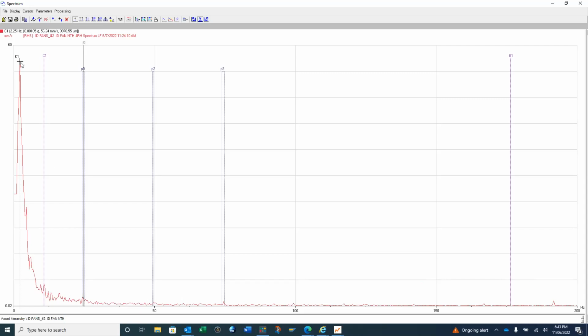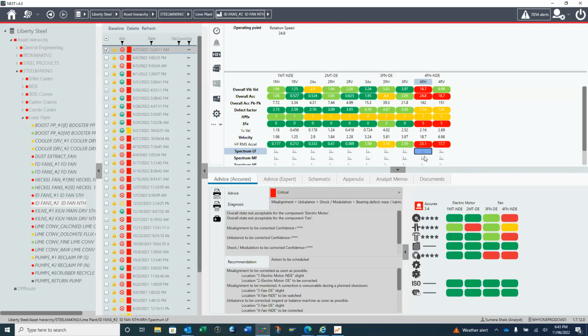What is the RPM? The RPM is 24.5 hertz. The 1x is 22.5. This one is vertical, this one is horizontal. 24.8 is the rotation speed.